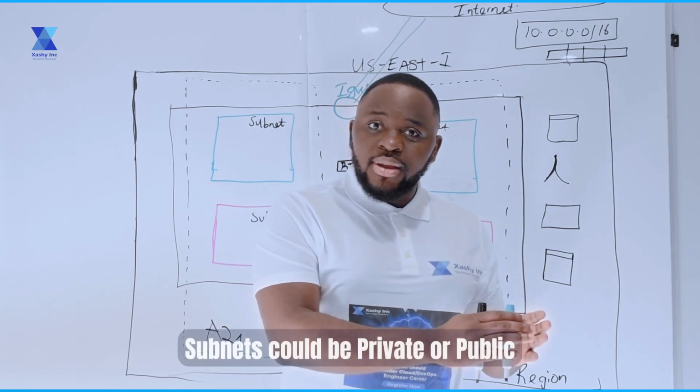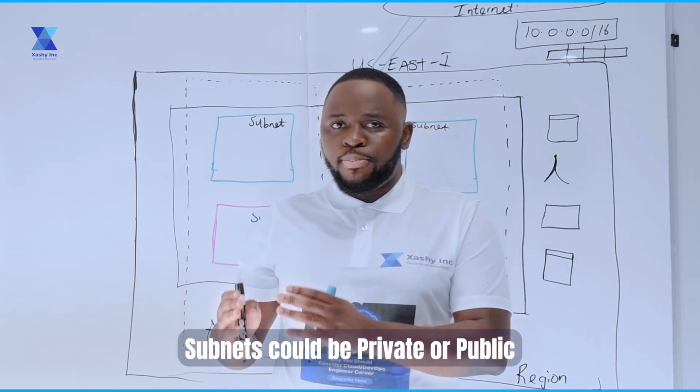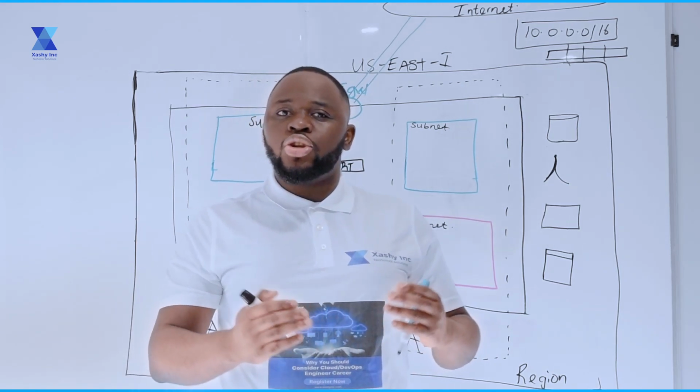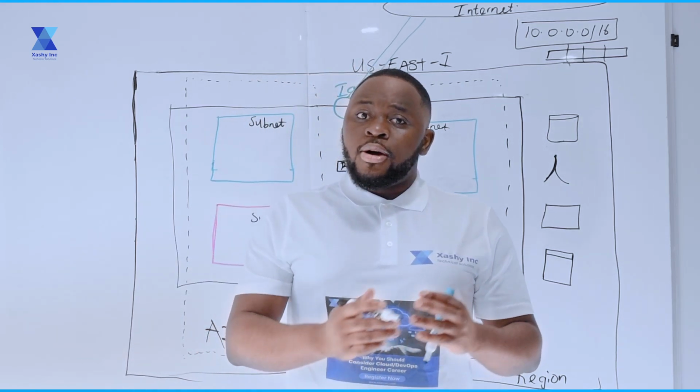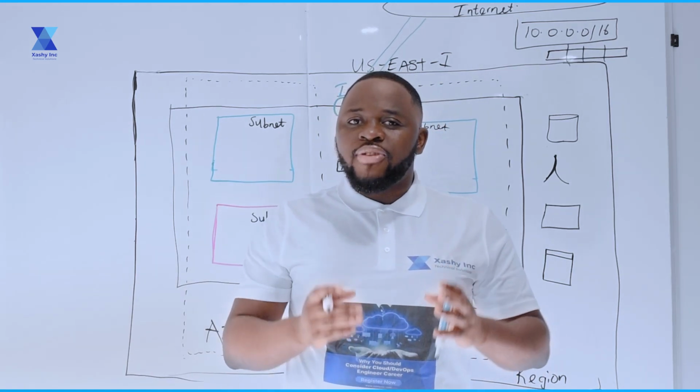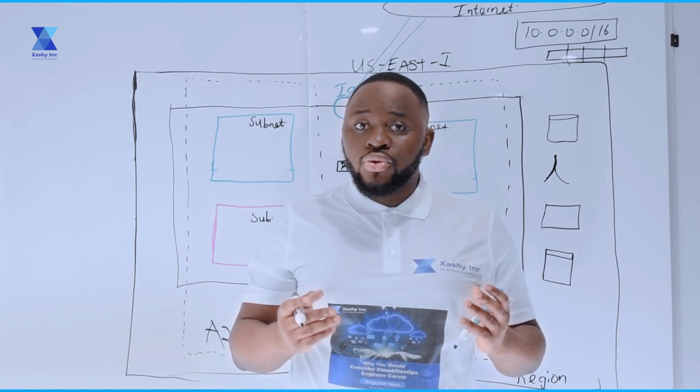Subnets could be private or they could be public, but by default, when a subnet is created, it's actually private. For a subnet to be public, that depends on the route table associated to that subnet.